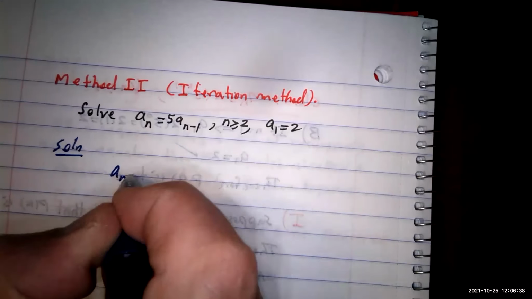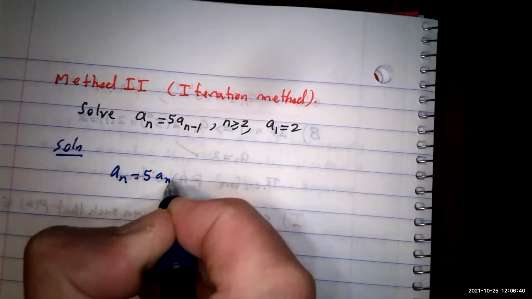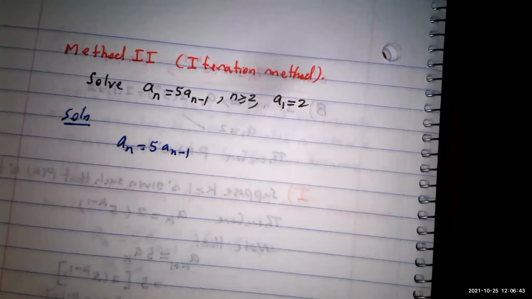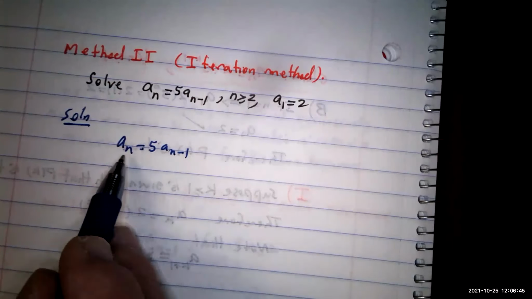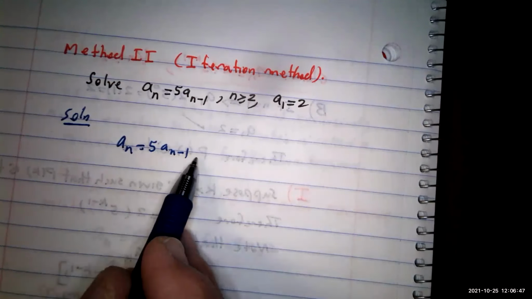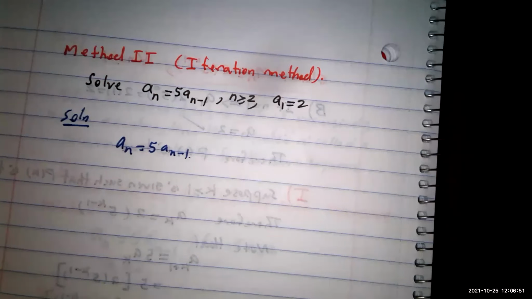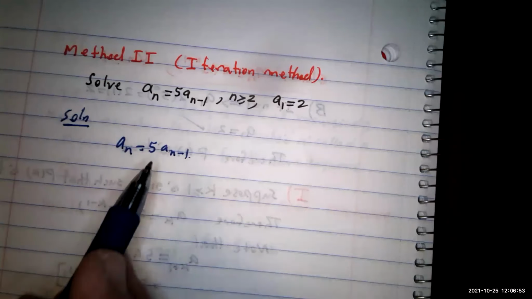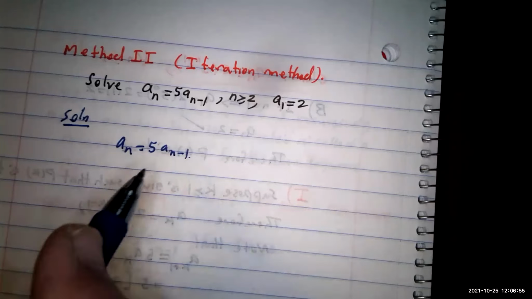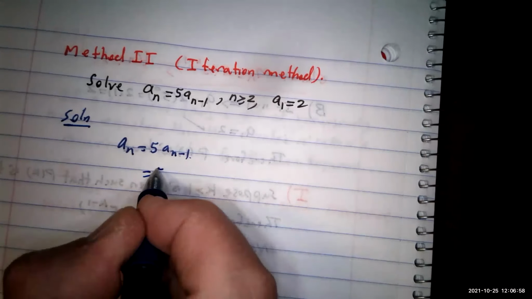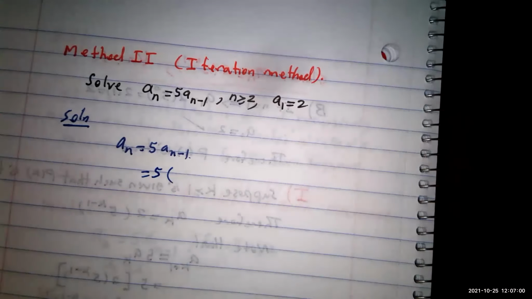The same method, what we do is, if a_n is 5 times a_(n-1), what is a_(n-1)? You see, you repeat this formula, but for a_(n-1). So this is going to be 5 times, you repeat the formula for a_(n-1).